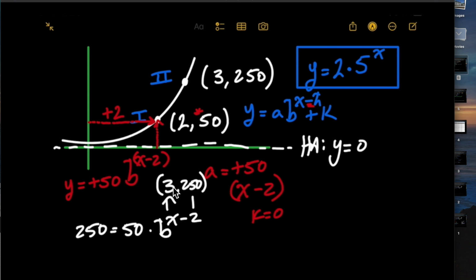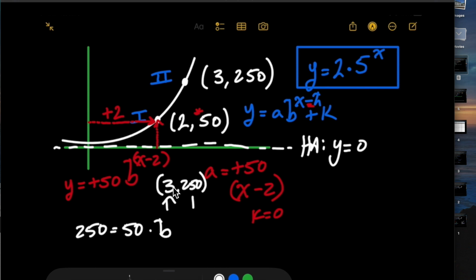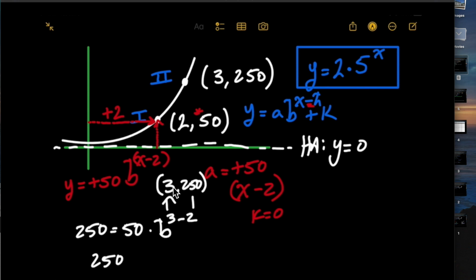And my apologies, we're going to plug in x equals 3 there. So that's going to become 3 minus 2. 250 equals 50 times b. Therefore, b is going to equal 5.